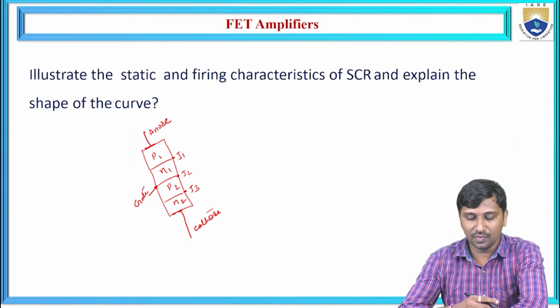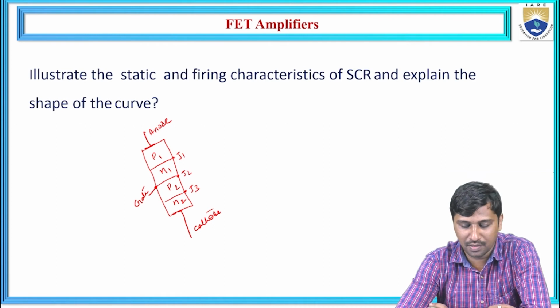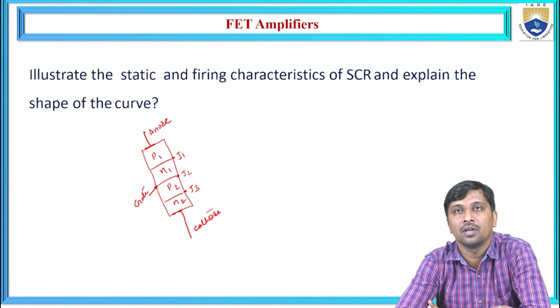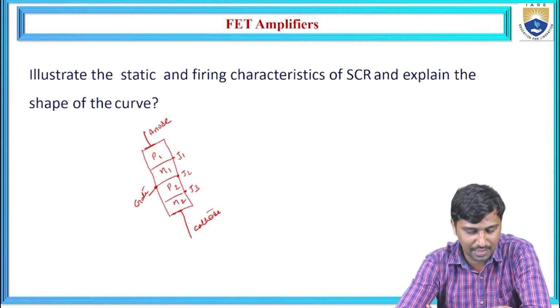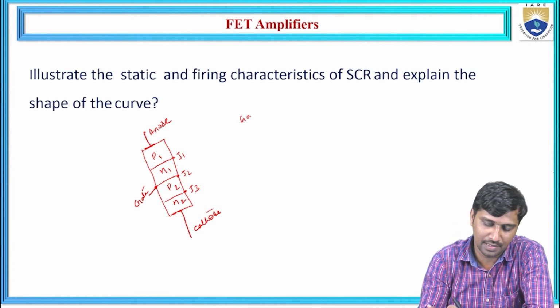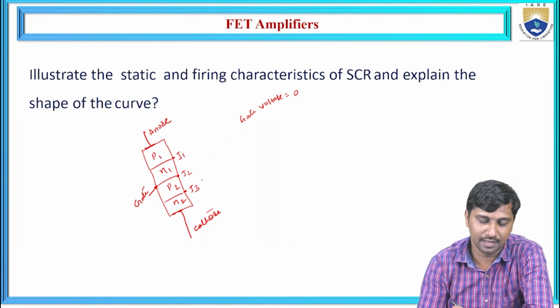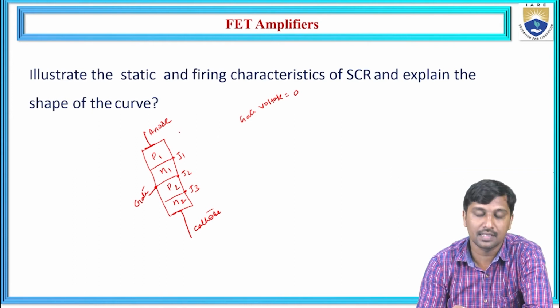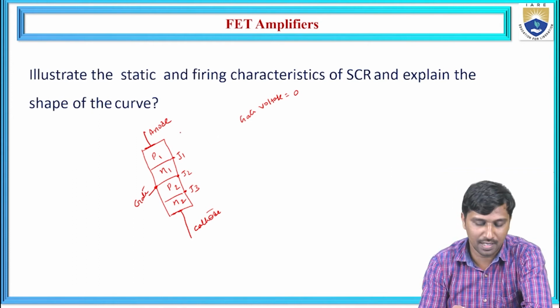Then you can explain how to apply the biasing voltages. Initially, let us take the gate voltage as 0. The input biasing voltage is applied between gate and cathode, and another biasing voltage is required between anode and cathode.